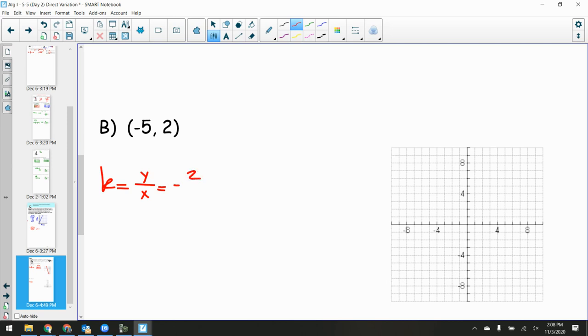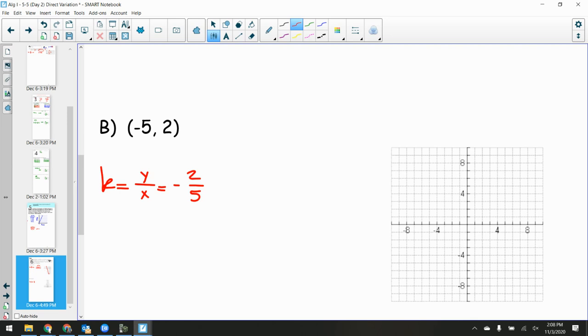Negative 2/5. Please don't say 0.4. Don't say 0.4. I would say negative 0.4 anyway, but don't give me a decimal unless it's a little problem. Leave it as a fraction, because it's technically slope, right?